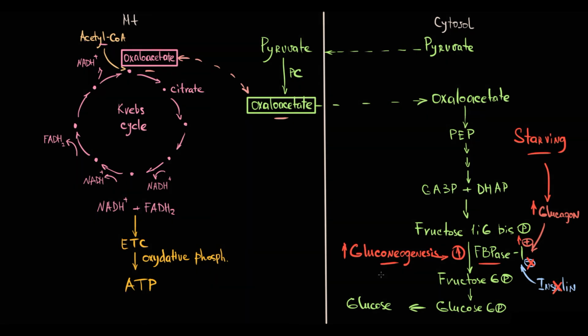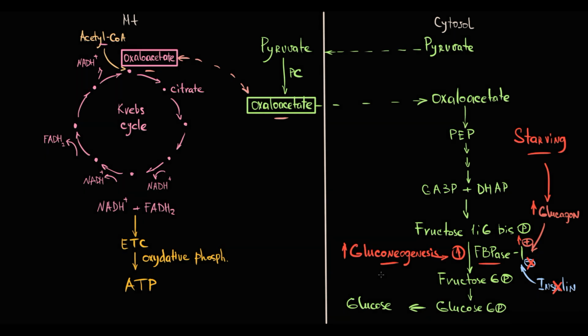the main fuel for the tissues. Moreover, for erythrocytes, glucose is the only metabolite that can be used to maintain their cellular integrity. Without glucose, erythrocytes simply will be destroyed. So the first priority is to maintain blood glucose level. And in starving, the pro-glucagon state basically shifts all metabolites into gluconeogenesis, including oxaloacetate.